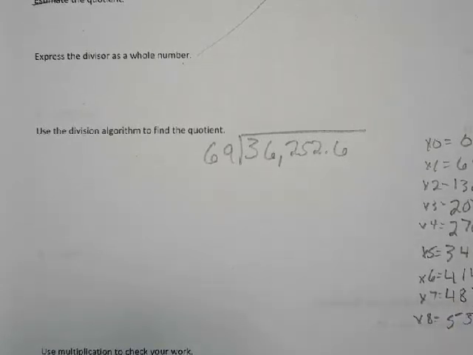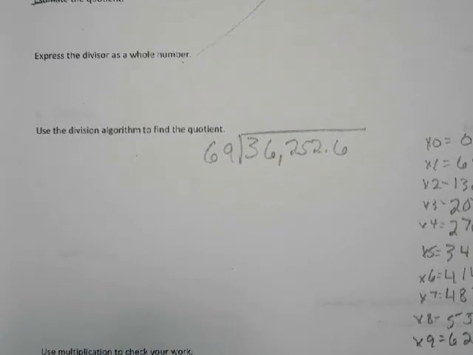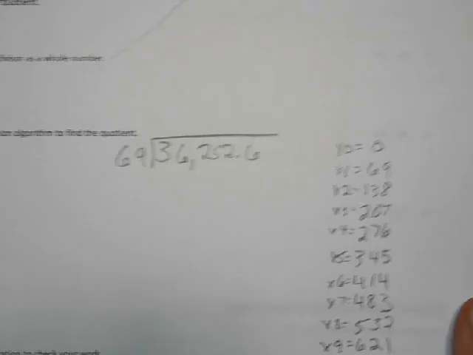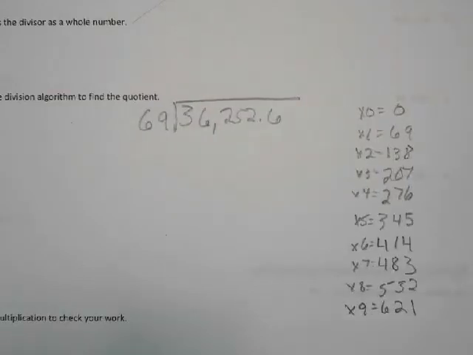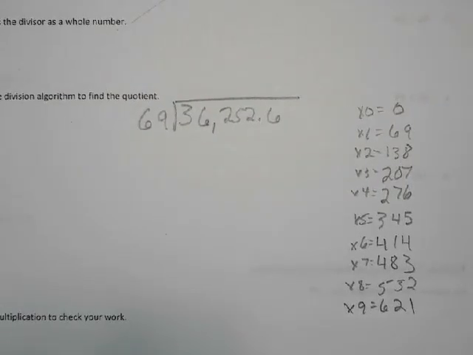Oh, I lost count. So then times 9 would be 621. Now, you can go ahead and record that down so that you can then go along with me as we solve it.